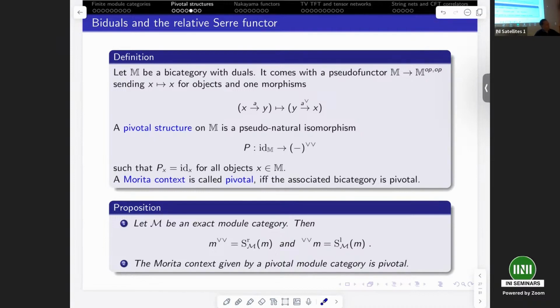Is it the same object? No, it's not the same object. They are related by an endofunctor, and that's precisely the Serre functor. So the Serre functors are really also the double duals in this respect. And trivializing the Serre functor means trivializing the double duals. And the Morita context given by a pivotal module category is pivotal in this sense.